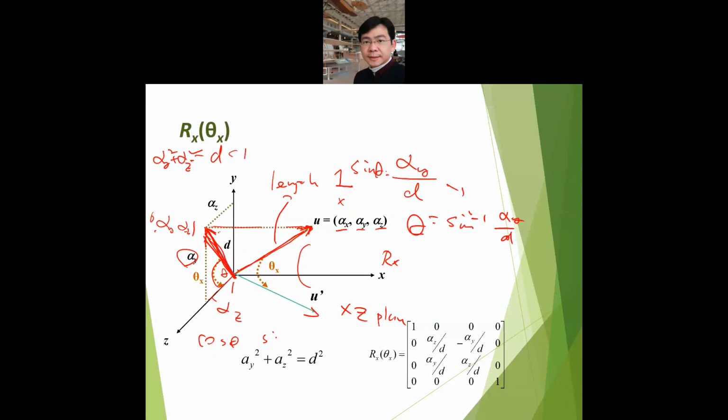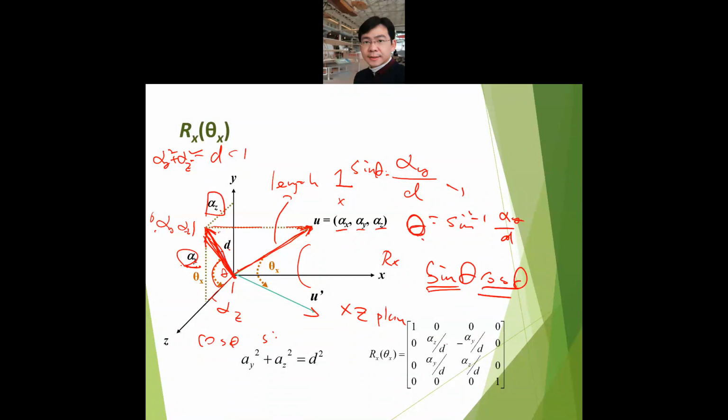But what we want is only sine and cosine theta, and these two can be obtained explicitly from d, alpha y and alpha z. So we don't really have to explicitly extract theta. We can simply use the vector components alpha y, alpha z, and d to get the corresponding sine and cosine theta.